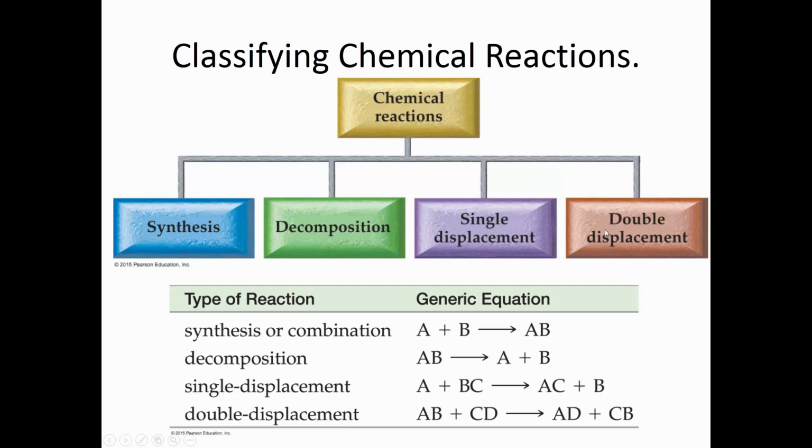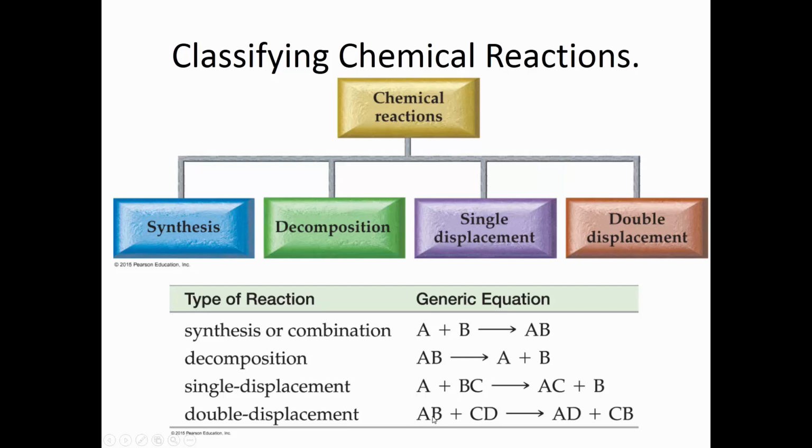And then finally we have the double displacement reactions. In a double displacement you have one combination and another combination, and they basically are switching places. It's like they're switching partners. So AB and CD to start with, and we end up with AD plus CB. Now when we do this, again, the order does matter within the compound as it did up here.